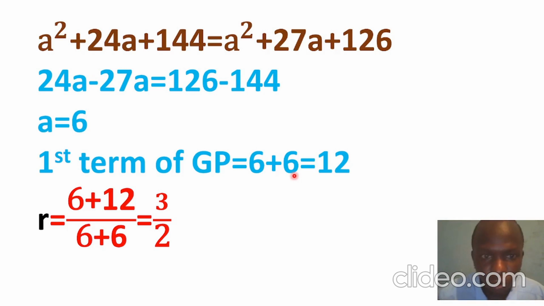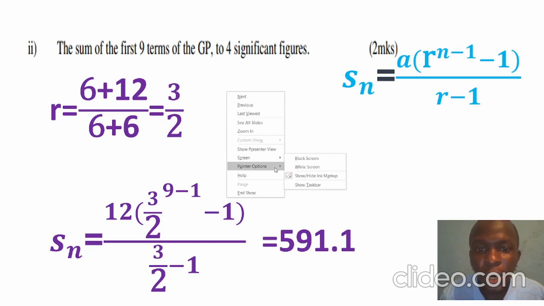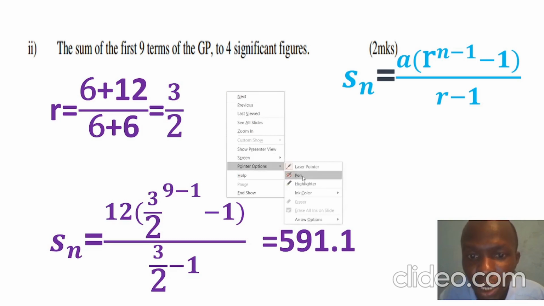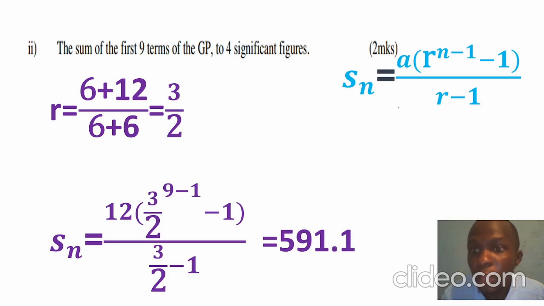Now let us continue. Find the sum of the first 9 terms of the GP to 4 significant figures. Now, you might be wondering why we have not used the geometric series formula.